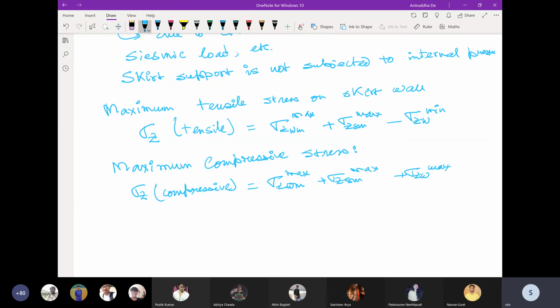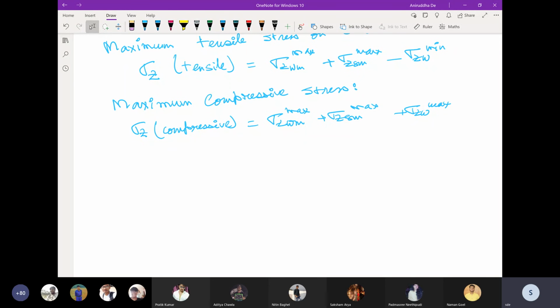We add the maximum values here, and there we subtract the minimum value, to make the maximum tensile stress higher so that it is a conservative design. Similarly, for compressive stress we take plus sigma ZW maximum so that it becomes a conservative calculation.